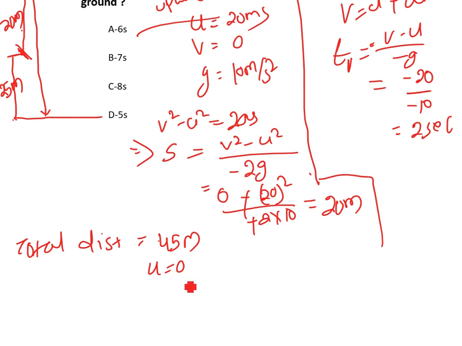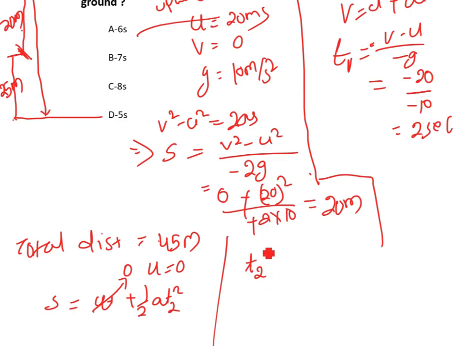So we just apply the formula that s is equal to ut plus half at square. Okay, so ut will become 0. So simply, for t2, coming down, t square equal to 2s divided by g.